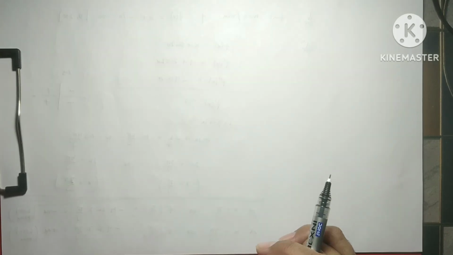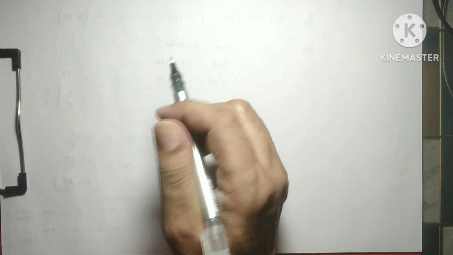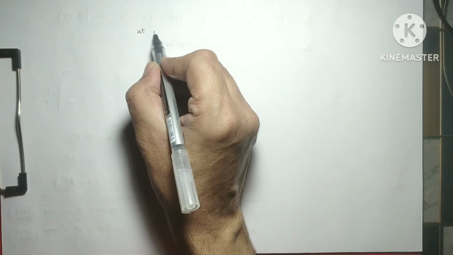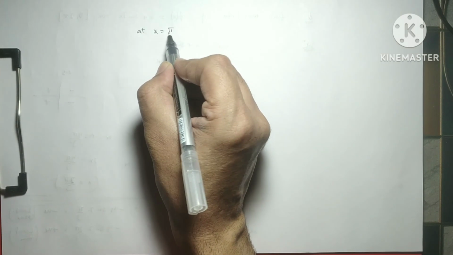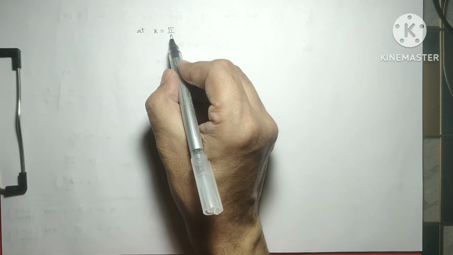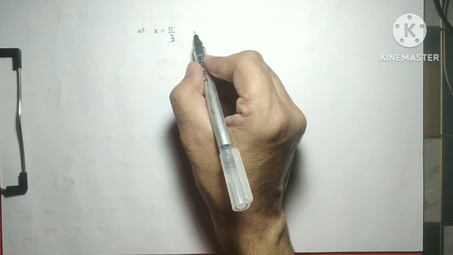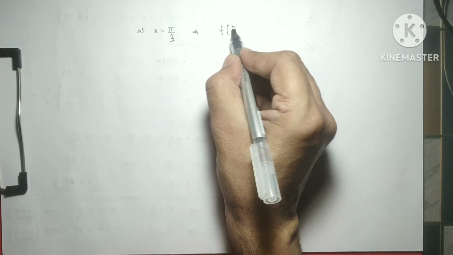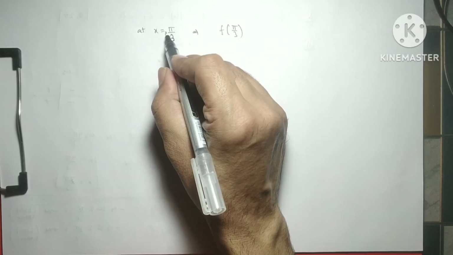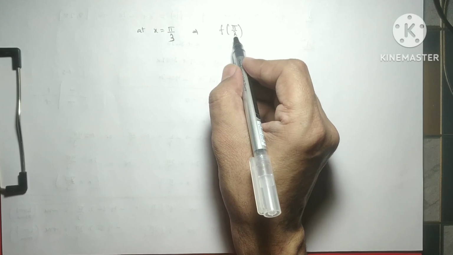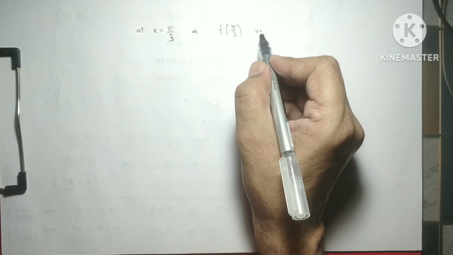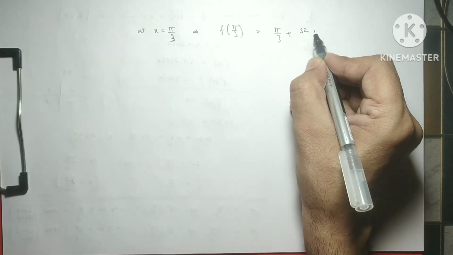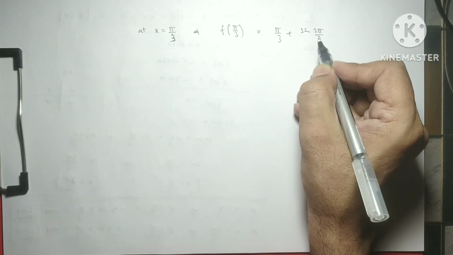Now we will get the maximum and minimum values. So at x equals pi by 3, we get local maxima. When x is pi by 3, the value of the function at pi by 3 will be pi by 3 plus sine 2 pi by 3.